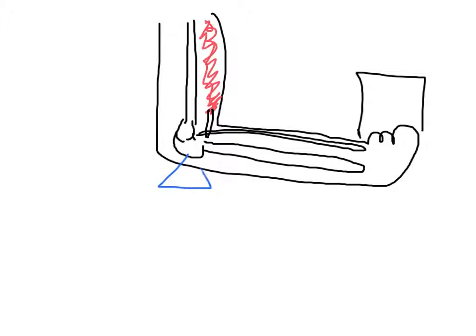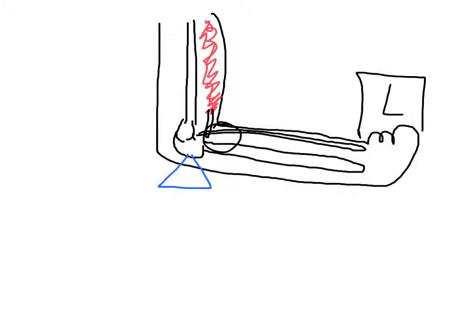I've got a fulcrum here, an effort force here, and a load here. So I have fulcrum, effort, load. And so this is a class 3 lever, because my effort's in the middle, because this muscle attaches to my bone here. I've got my load here at the end and my fulcrum at the other end.